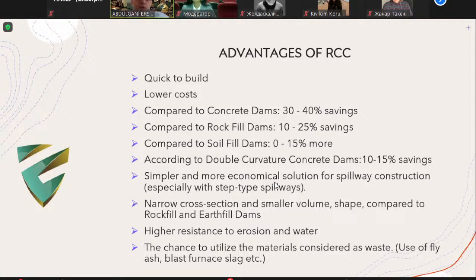As I said before, due to the narrow cross-section and smaller volume, it's easier to construct RCC dams than other types of dams. Higher resistance to erosion and water, and it can utilize materials considered as waste, such as fly ash, etc.